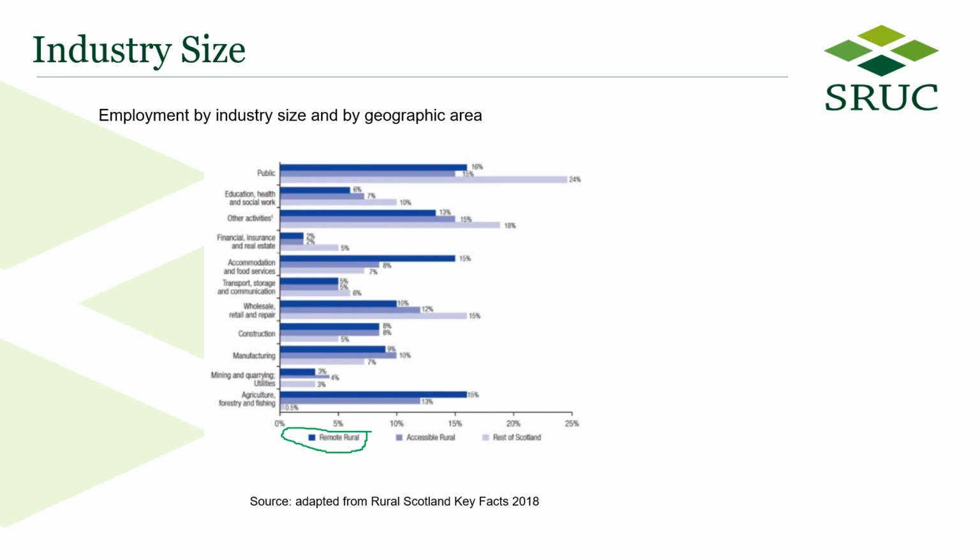What really jumps out to me is this bottom category, where you can see that agriculture, forestry, and fishing is much more prevalent in the remote rural and accessible area regions, while there's other noticeable differences in these graphs as well. So something to keep an eye on and refer back to when you're looking at your area in focus.